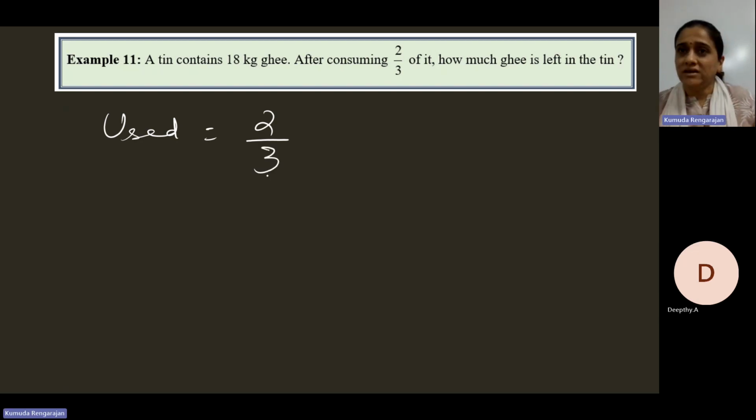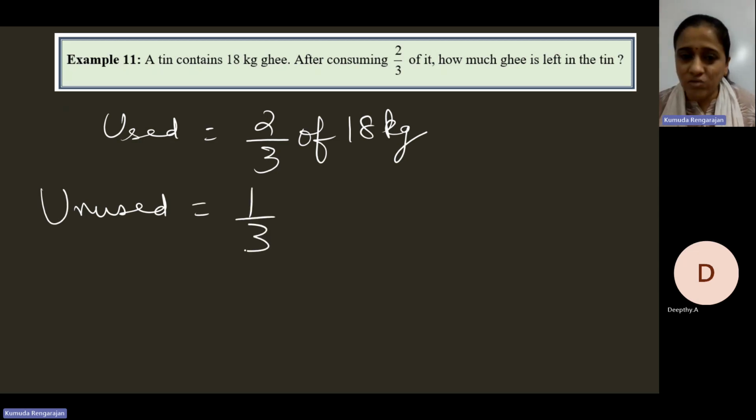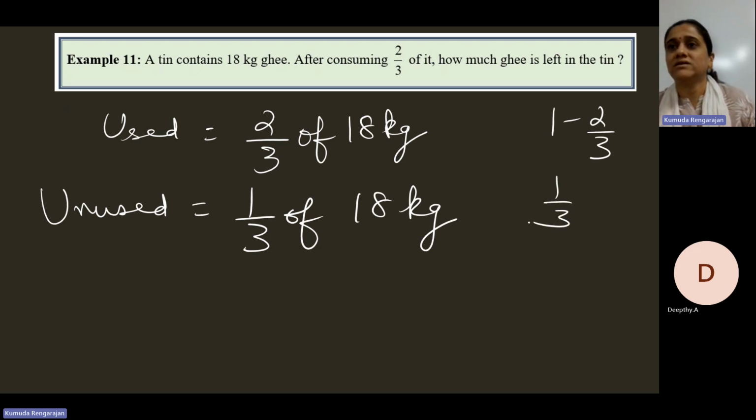That is the fraction which corresponds to used. So 2/3 of 18 kgs is used. That means unused or remaining is 1/3 of 18 kgs. How 1/3? Because 1 minus 2 by 3 is 1 by 3.